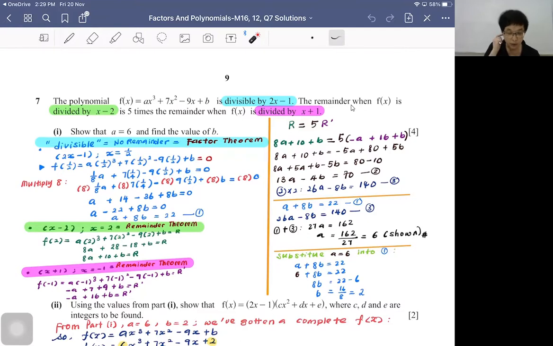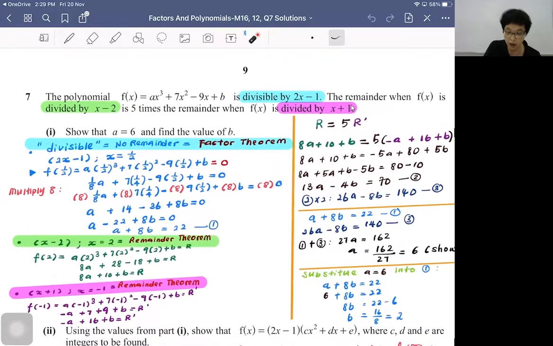Okay, here we go. The first keyword that we're going to be interested in is divisible. When it is talking about divisible, that means 2x minus 1 is one of the factors of the polynomial f(x). Even though it's talking about divisible, it is actually talking about factor.